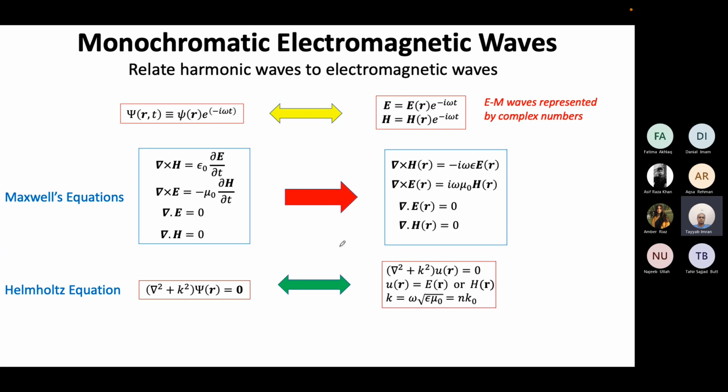You can say, but exactly monochromatic is not 100% with a single frequency. ठीक है. So monochromatic electromagnetic waves, we know that this is a space portion, this is a time portion here. ठीक है. Or we can also write electric field and magnetic field like this.